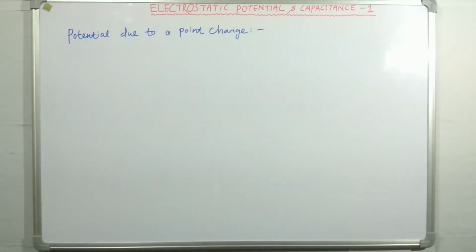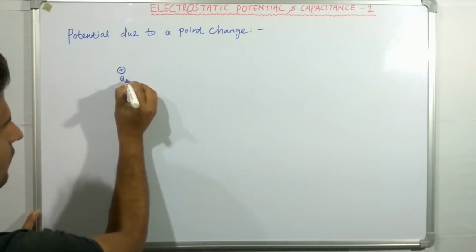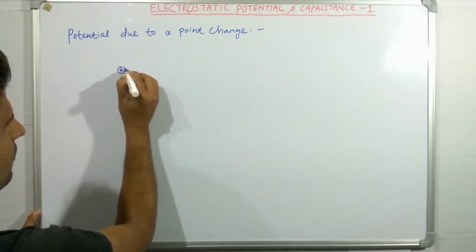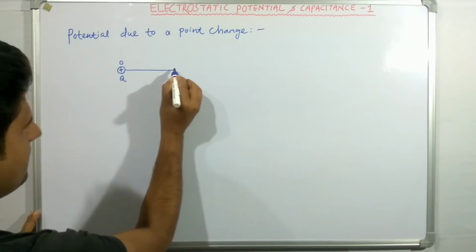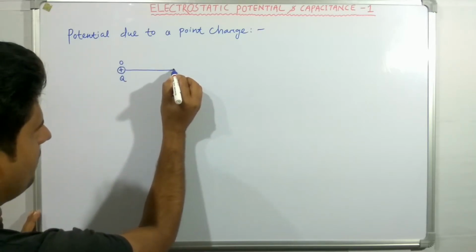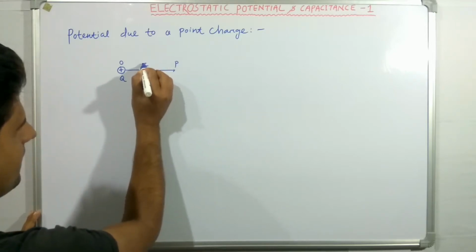Next, potential due to a point charge. Suppose a positive charge q at origin O, and at a distance is the point P. Suppose the distance is r.